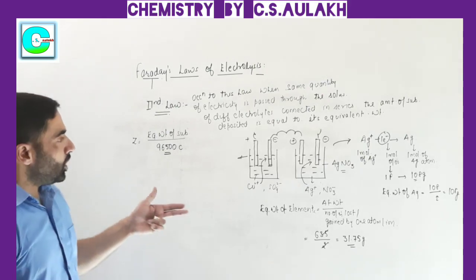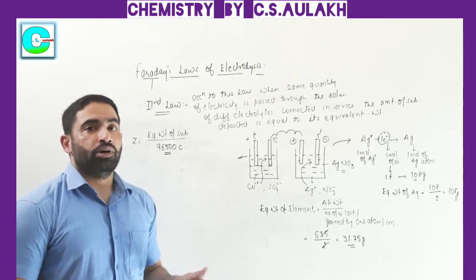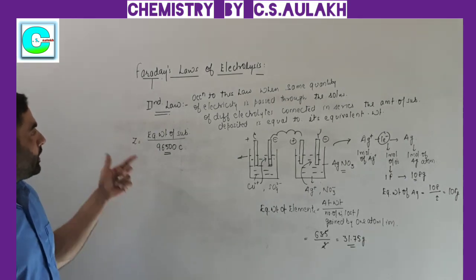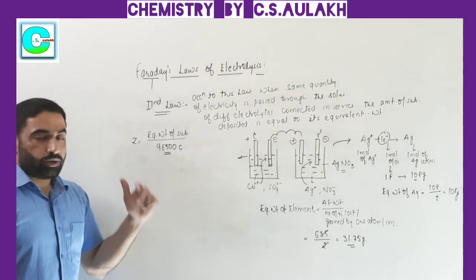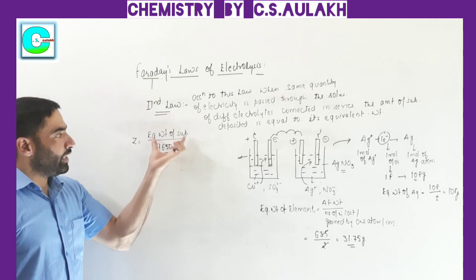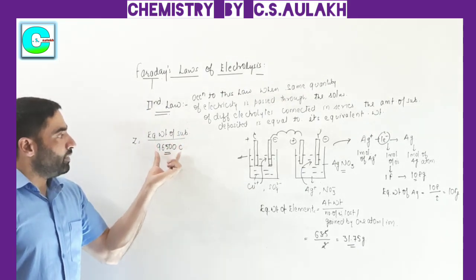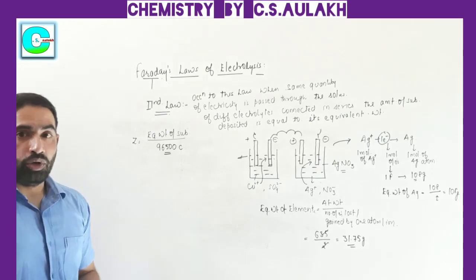These are the short methods by which you can easily solve objective questions. In some numericals, you can directly calculate the electrochemical equivalent by dividing the equivalent weight of a substance or an element by 96500 coulomb.